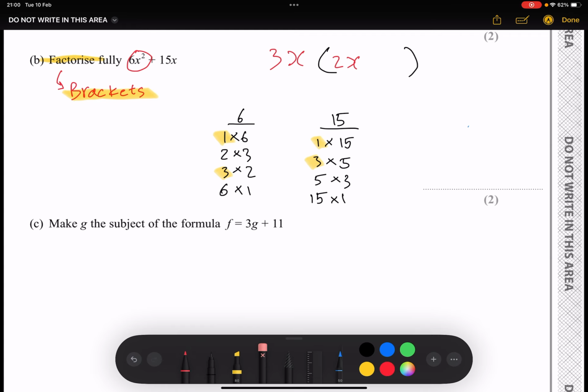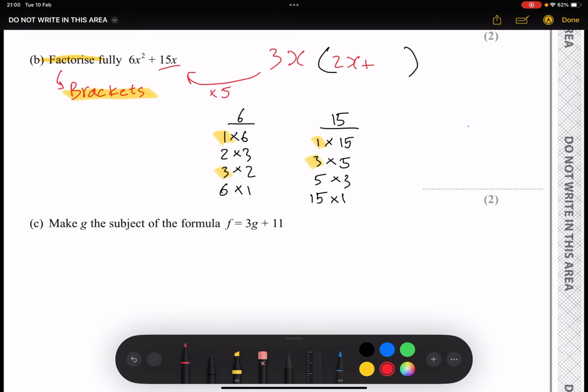Moving on to the next component, with our 3x, how do we get 15x? That is simple. We also forgot to add that, because we have this plus will just get copied over in the brackets. So going back, how we get 15x from 3x, we just simply multiply by 5.